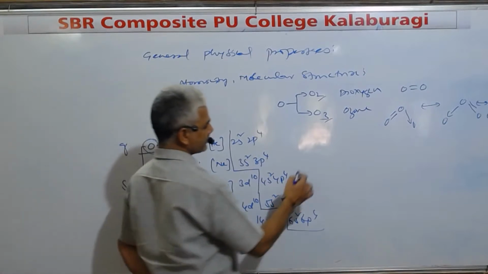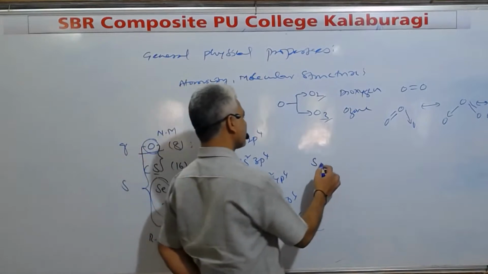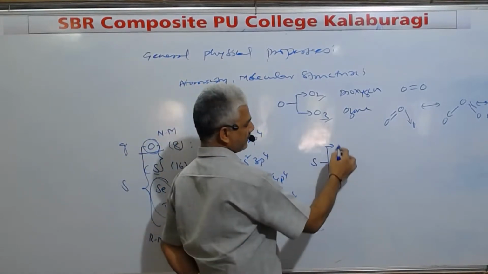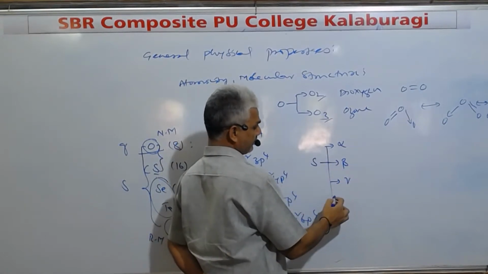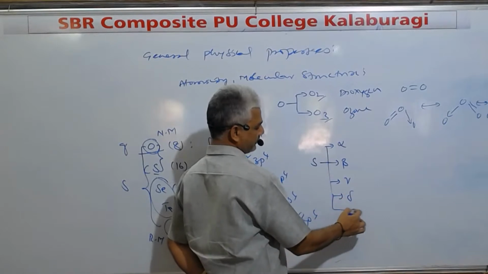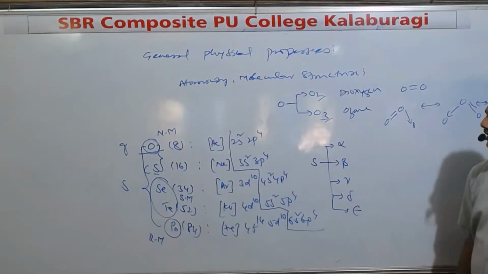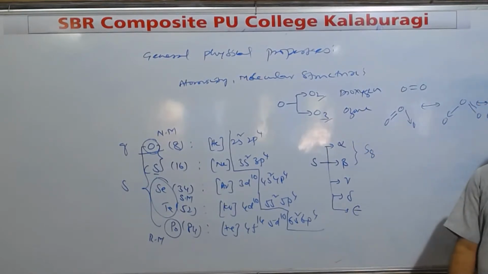In how many different forms is sulfur available in nature? In allotropy also the same thing will be repeated. Alpha form is there, beta form, gamma form, delta form, epsilon form. Both alpha and beta have got S8.